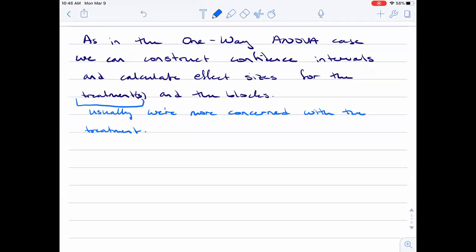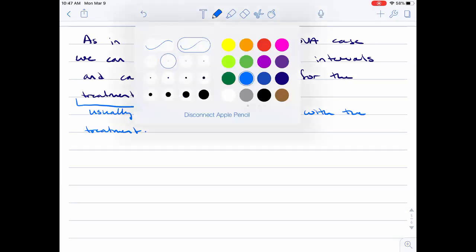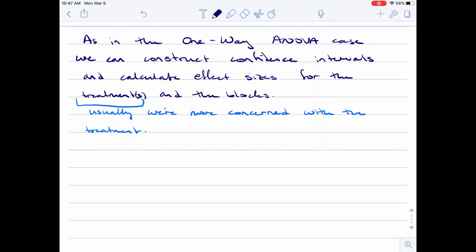It might be nice to say, okay, this block had this effect size, but usually we're more concerned about talking about, okay, I'm 95% confident that the treatment effect for this group is, you know, this much. So those calculations stay the same.